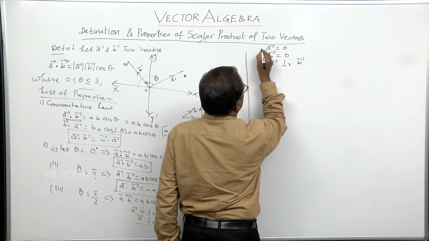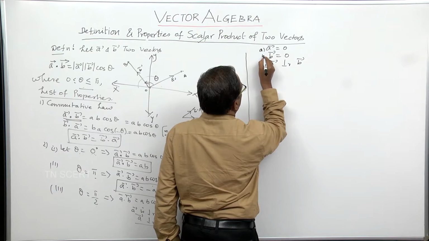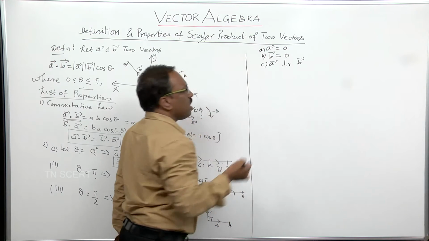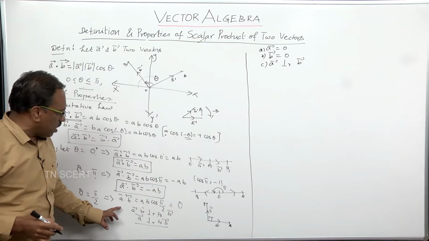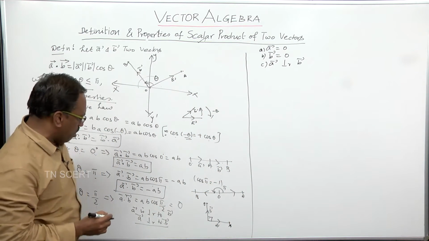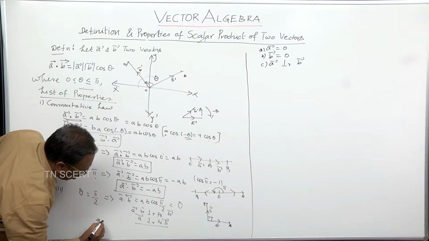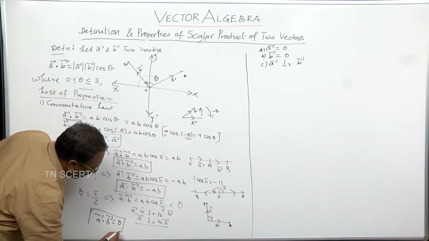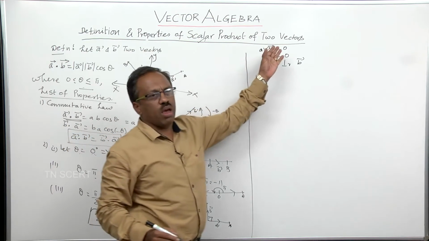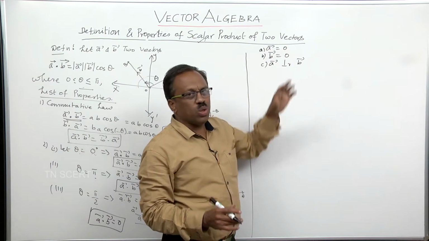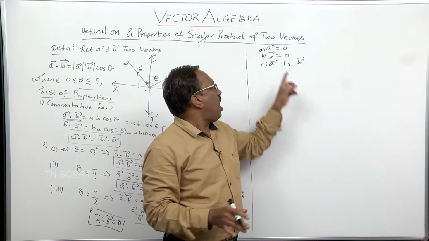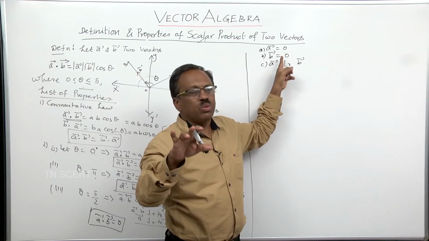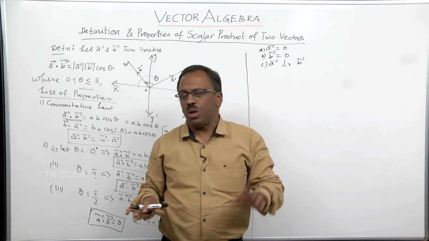Remember these three sub cases, A, B, C. A vector dot B vector is equal to 0 means one vector is 0, or the other vector is 0, or A and B are perpendicular.